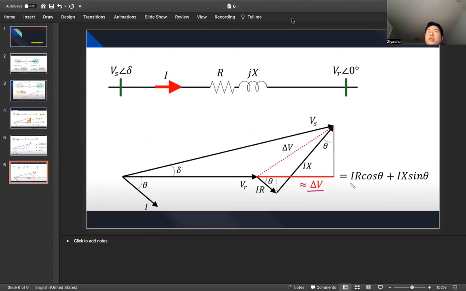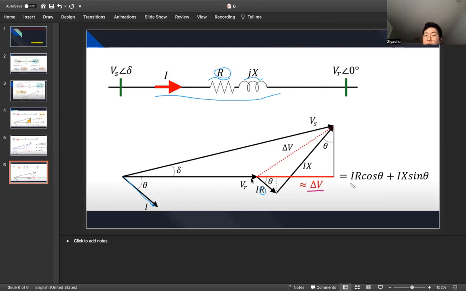Let's see more. First of all, we actually have R and jX in the line voltage drop, right? So if the current I is coming here, the voltage drop is actually I, and because R is the same, in phase, just a resistive load, right?